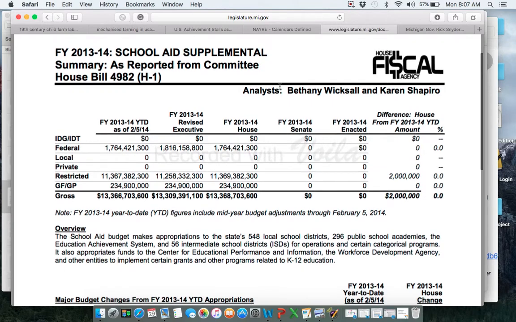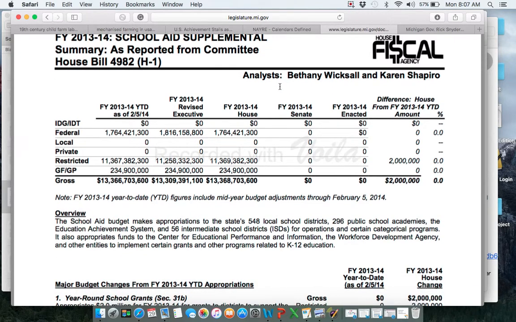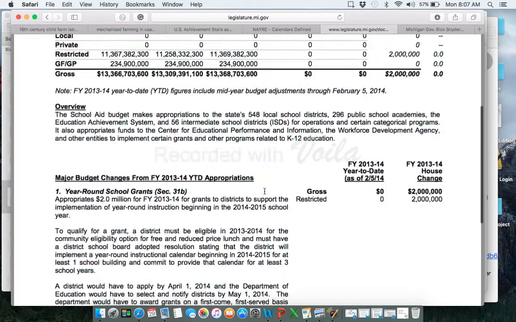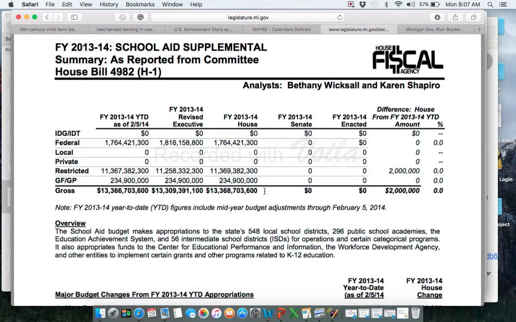House Bill 4982 sought around $2 million a year to implement balanced calendars in schools in Michigan. Districts would not be granted more than $750,000. Most of this money was to retrofit buildings with air conditioning or other HVAC technologies required to have students in session during warm summer months.